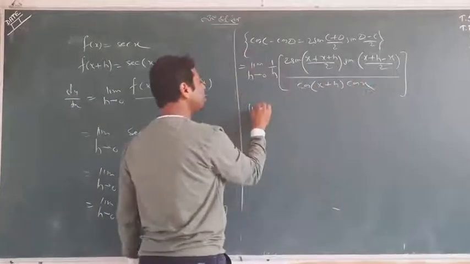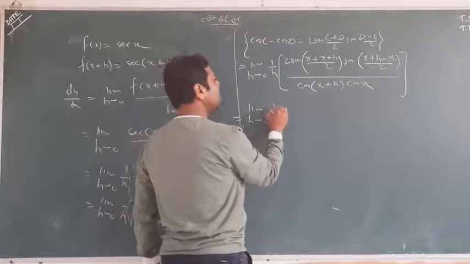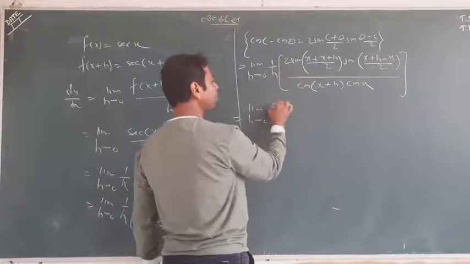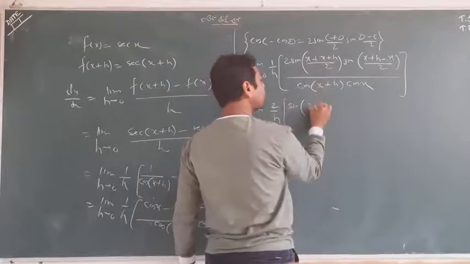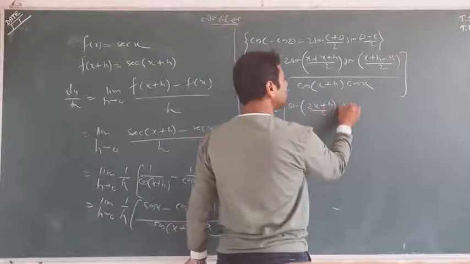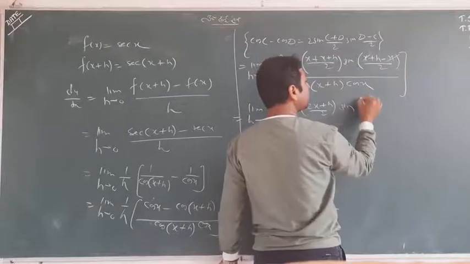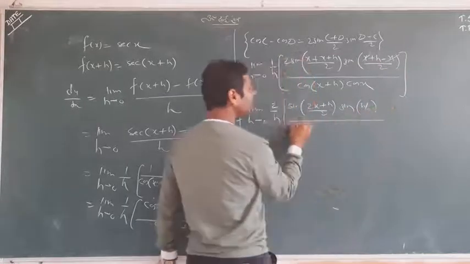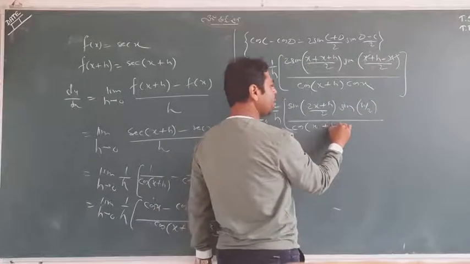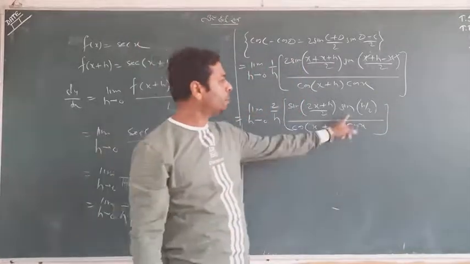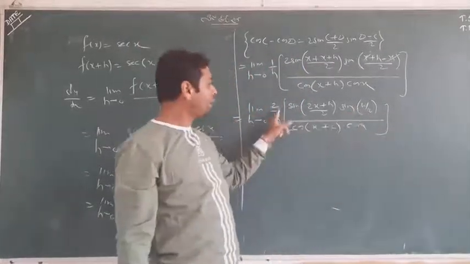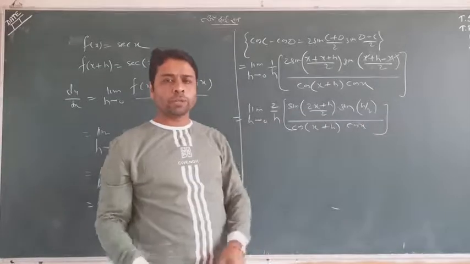What I will do now next? It's 1 by h, so can I write 2 by h here? And along with that sin we have x and x, so 2x plus h by 2, sin, and can you see, this is going to be h by 2 only, and cos of x plus h and cos x is remaining here. Again the same thing, it has come sin h by 2.